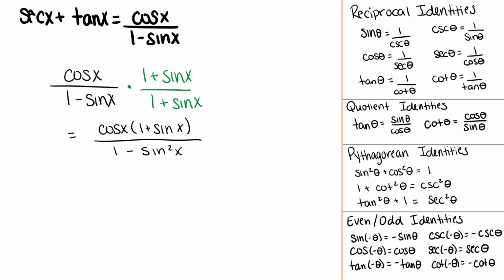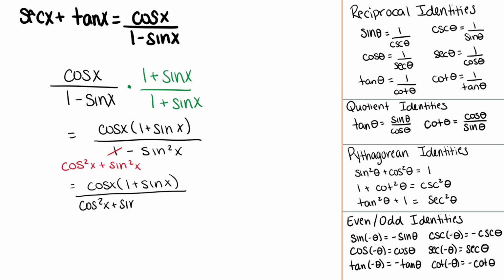We can rewrite 1 as cosine squared x plus sine squared x. So that's going to be cosine x times 1 plus sine x over cosine squared x plus sine squared x minus sine squared x.